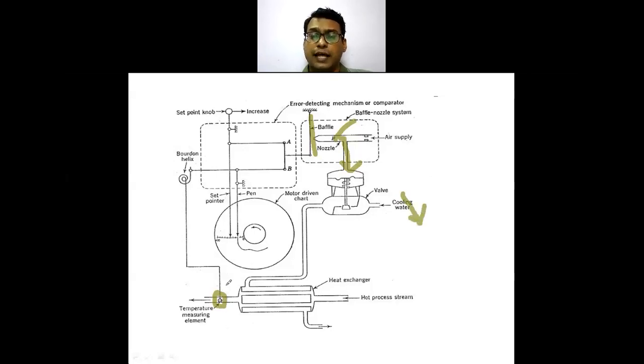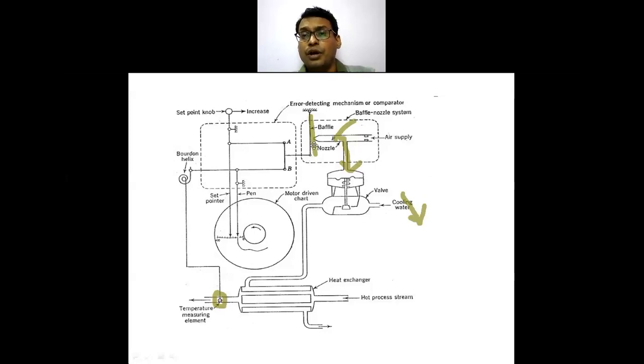Temperature is lower than the set point, so a certain error is generated. So the cooling water flow rate has to be reduced. So this valve has to be closed, and depending on this, the adjustment of the pressure is done by this flapper and nozzle arrangement.